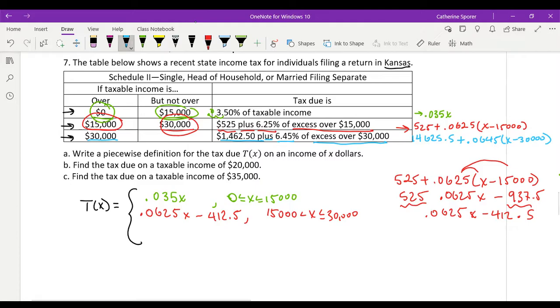And then the last line is going to have to do with this last row where we wrote this blue equation. But again, this equation is not fully simplified. So again, we're going to distribute this number into this equation. That's 0.0645x minus 1935.